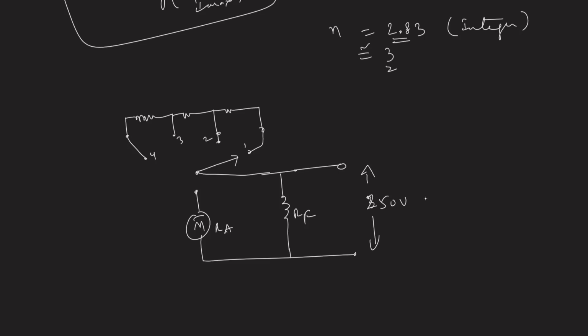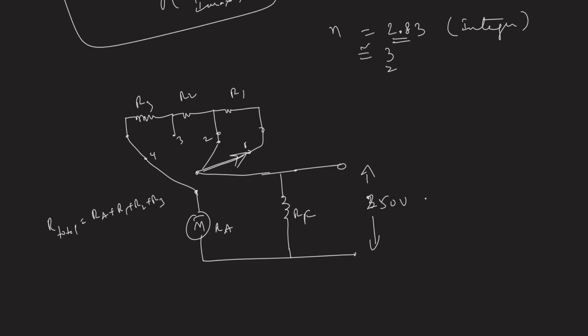This would be better, right? When I connect here, this is always connected to the armature. When I connect to the first stud here, all resistances R1, R2, R3 and the armature resistance are connected in series. That is, R total is equal to RA plus R1 plus R2 plus R3, right?